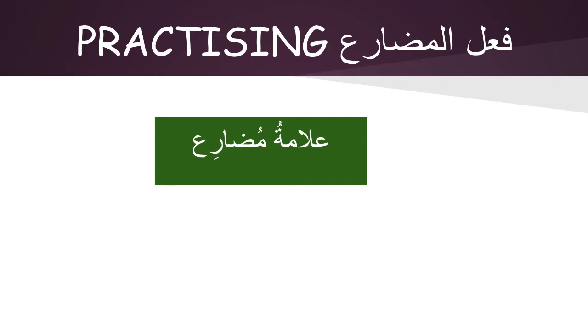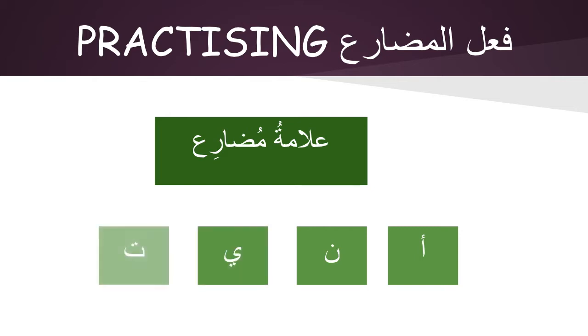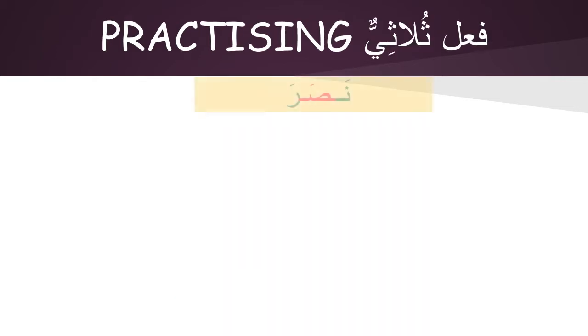Any فعل ماضي will have these signs attached in front of the verb to make it مضارع. What are those? We know this: na, ya, ta. Just remember inayat. Take the 3-letter verb nasara.